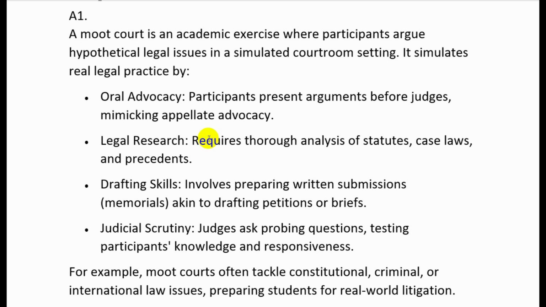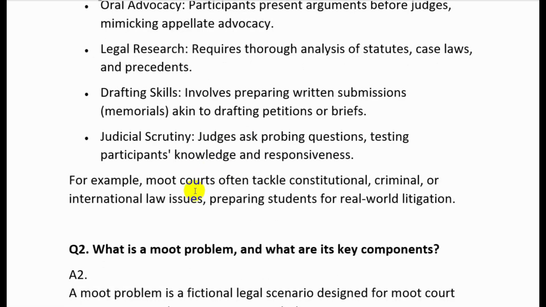So this will help us be attentive and prepare for counter arguments or for responding to the judge's queries. For example, moot courts often tackle constitutional, criminal, or international law issues, preparing students for real world litigation. This would also include civil laws.